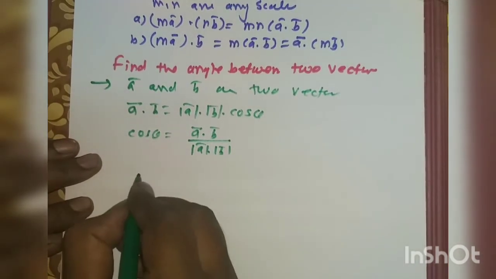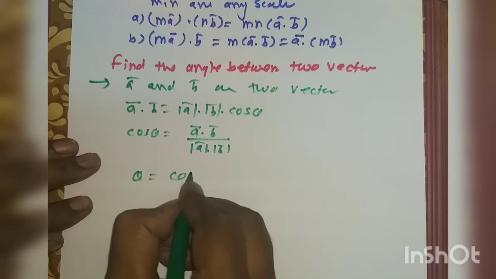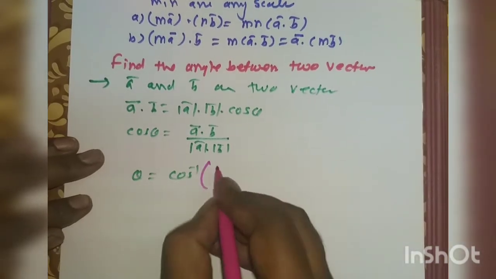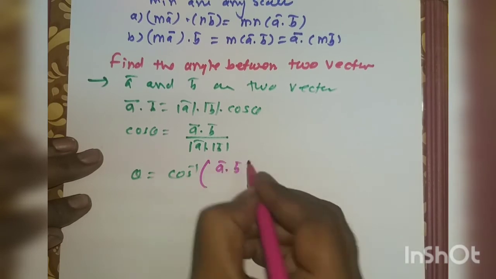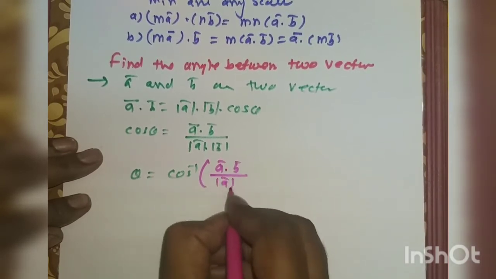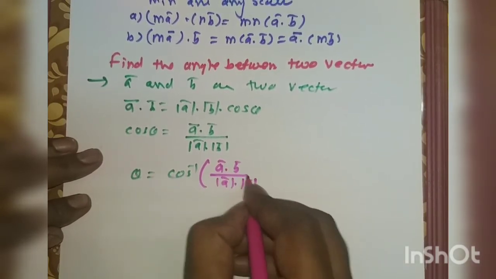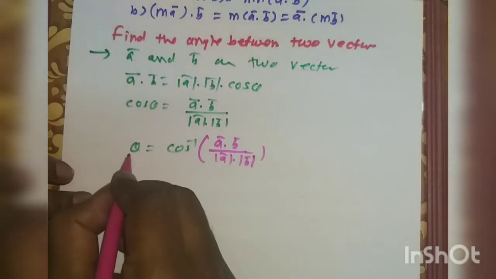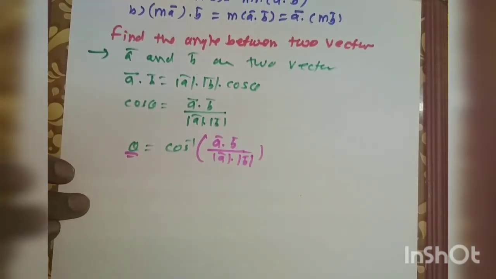If you want theta, then theta is equal to cos inverse of a bar dot b bar divided by mod of a bar mod of b bar. In this way, we find the value of theta, the angle between two vectors.